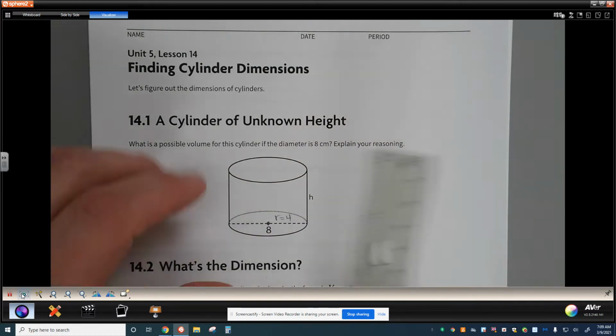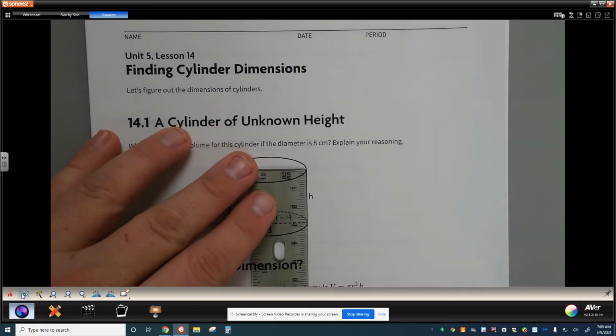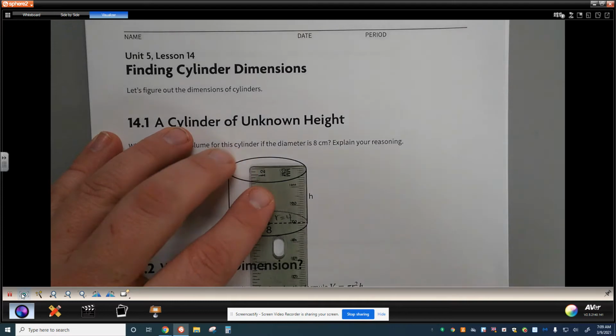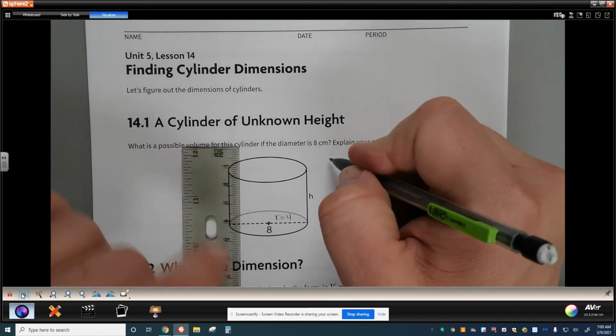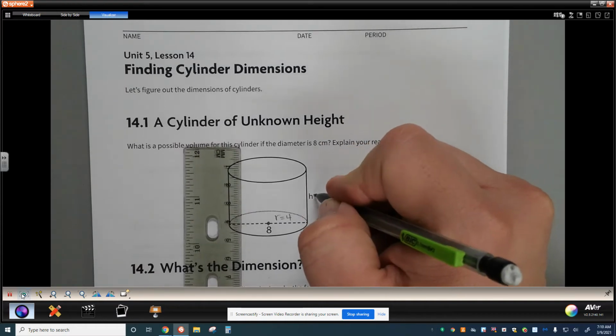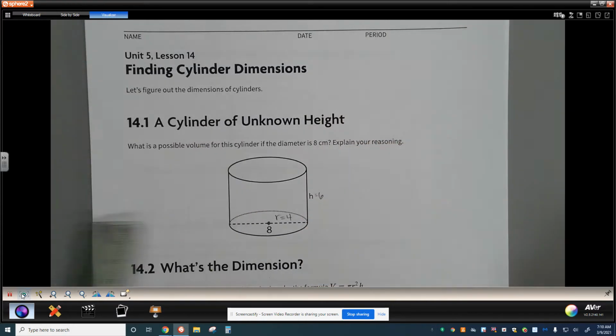So how does that compare to our height? Assuming, like what I said, this is following some kind of a scale, it appears that we have 3 centimeters in height here. So I'm going to go with a height and say that let's let h equal 6. And when I have those possibilities, or when I have a measurement, I can actually find the volume.